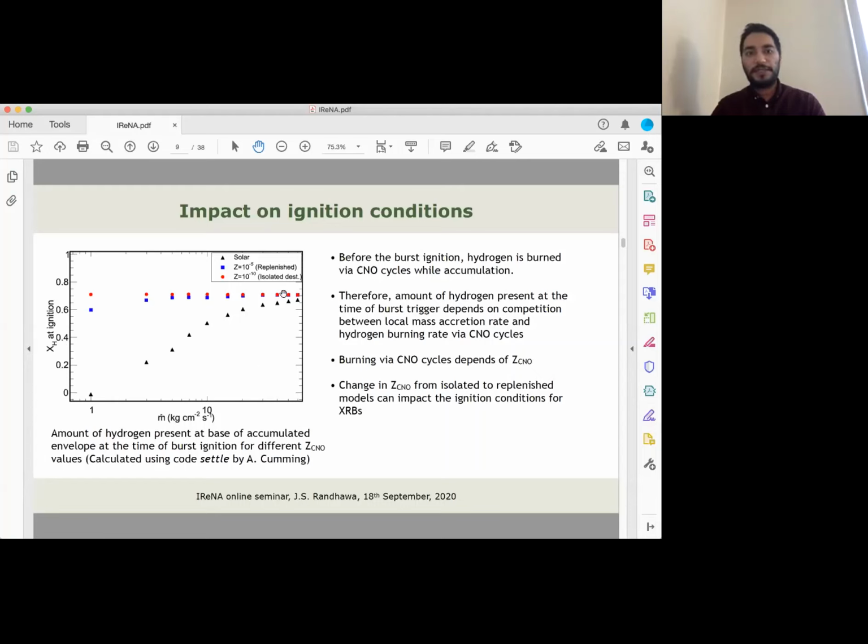But if the CNO metallicity is lower, the rate of hydrogen burning through CNO cycles will be lower, and you are left with much more hydrogen at the time of ignition. What is important here is that we still see a difference if we take the isolated destruction model or our replenished model, which is the blue dots here, which could play an important role.